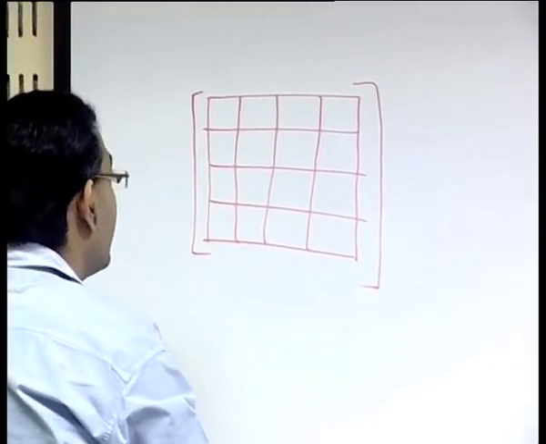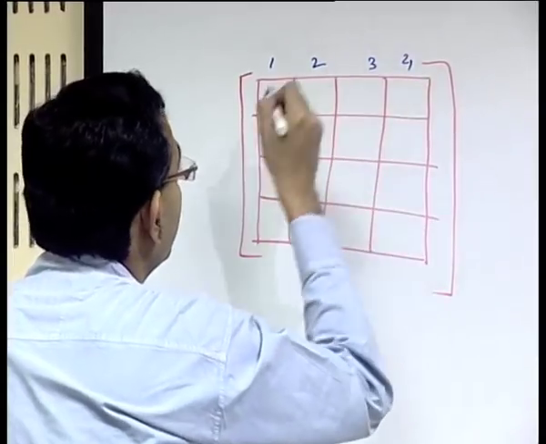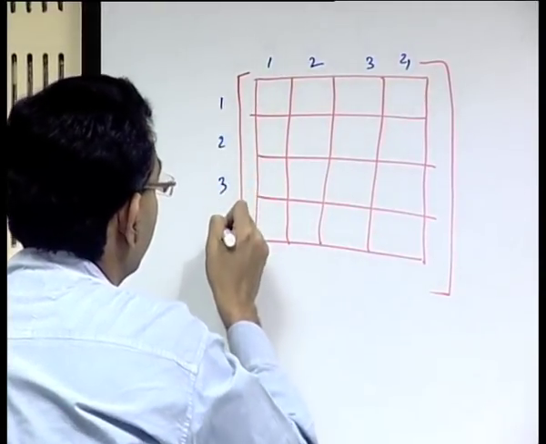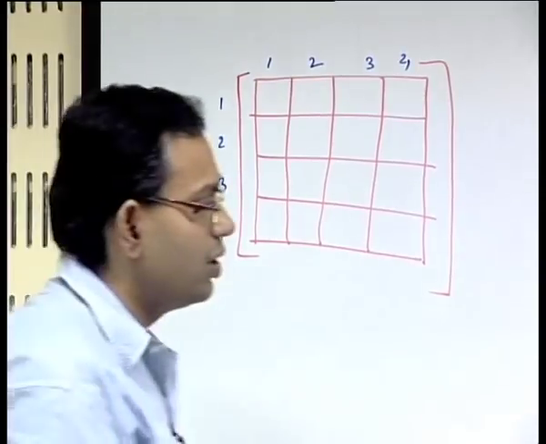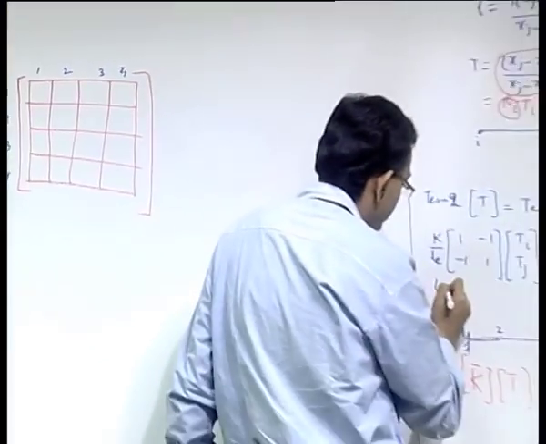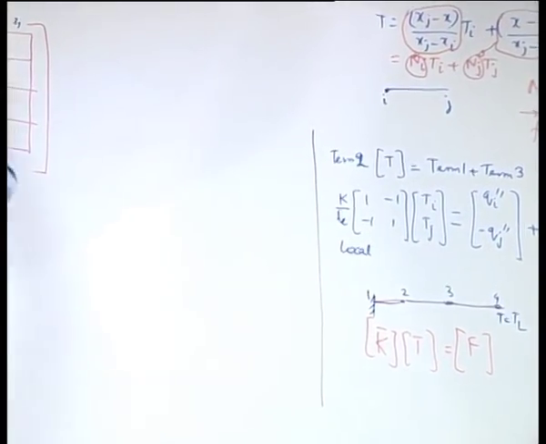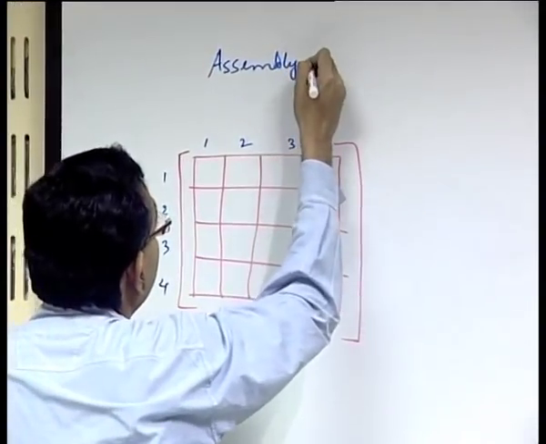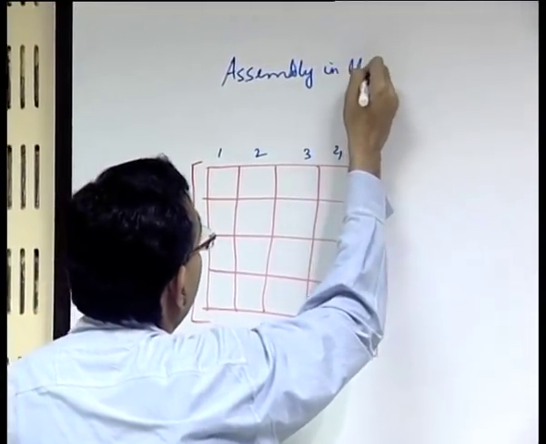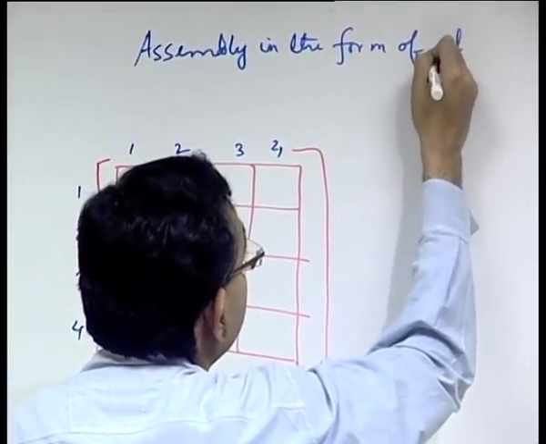We just indicate the number of rows and columns by 1, 2, 3, 4 and 1, 2, 3, 4 just for our own convenience. So this is the local formulation, and we are now trying to globalize it and assemble it in the form of a global matrix. That is what we are attempting.